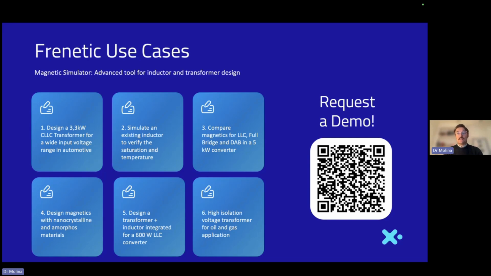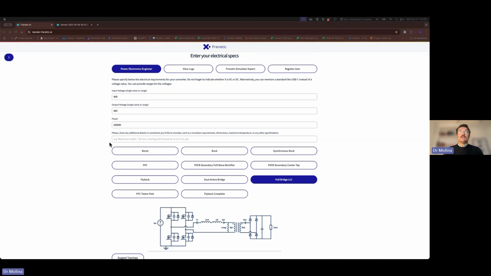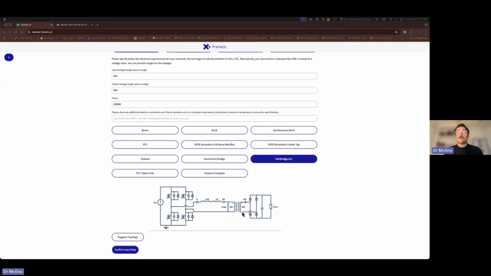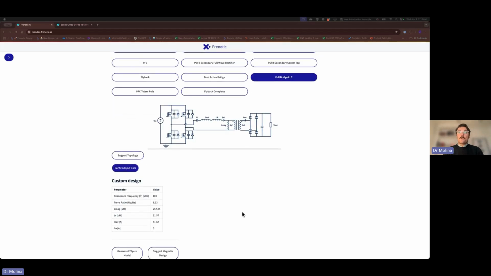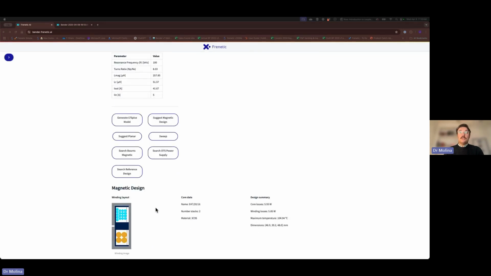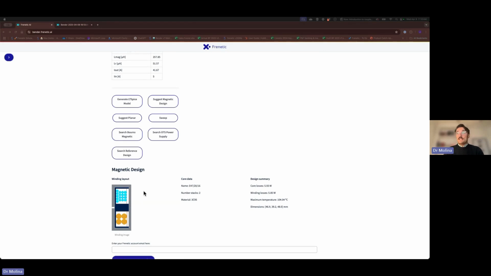This is a very easy example of a 400 volts, 48 volts, 2 kilowatt case for a resonant converter, where with our technology you can generate the complete design of the application. Calculating the magnetizing, the resonant, everything is automatically done, and then you can design the magnetic. In this case, it was integrated in a resonant plus transformer inductor.